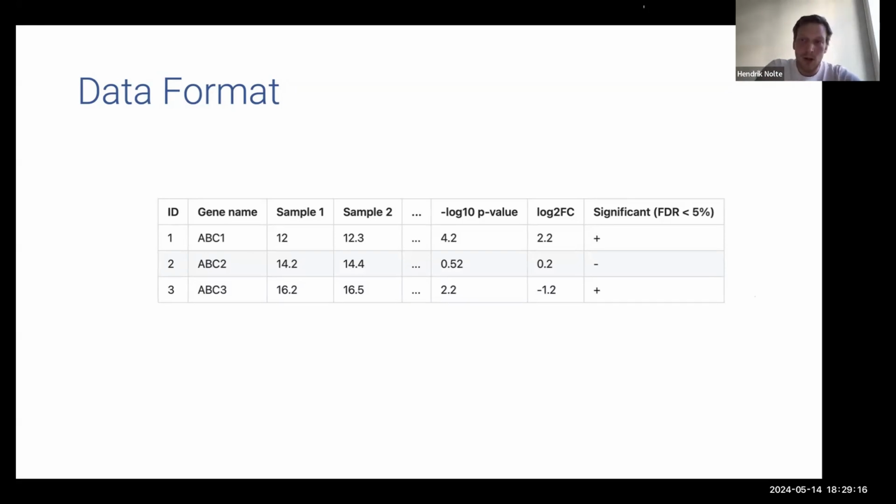To circumvent that, a lot of people use the FDR, the false discovery rate, and you can control that to a certain percent, and very commonly we control it to 5%. That's why it's written here. If you want to know more about this FDR, please contact me and I can explain it to you in a bit more detail.